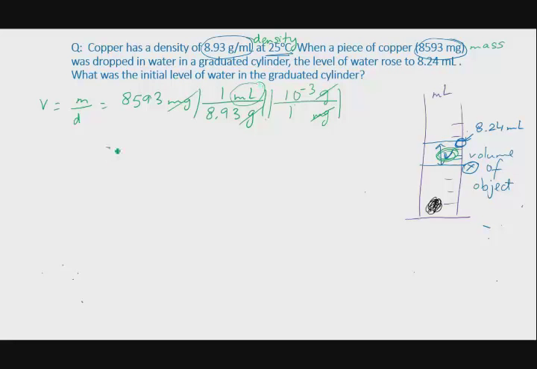When you complete this calculation, we get 0.962262038 mLs. If we round this to 3 significant figures because of density being in 3 significant figures, we get 0.962 mLs. In other words, when the copper block was dropped in the water, that is the rise in the level of the water.